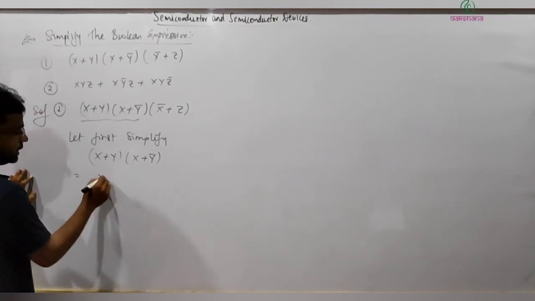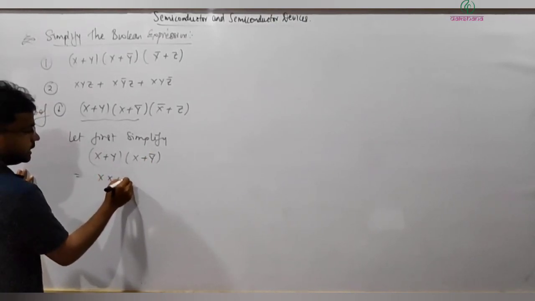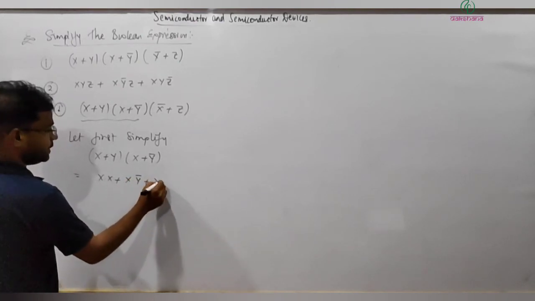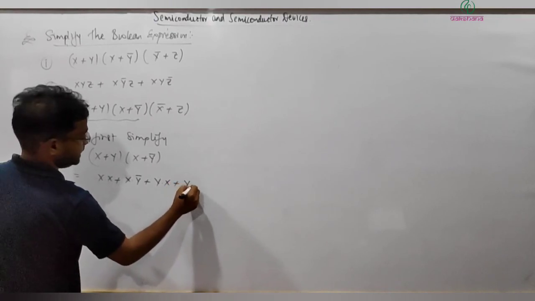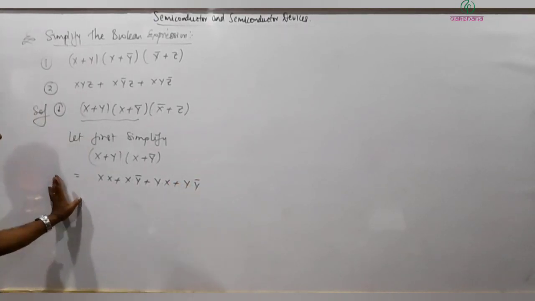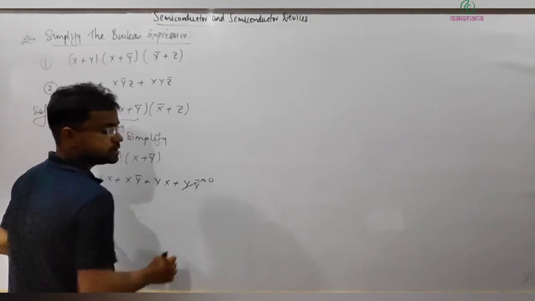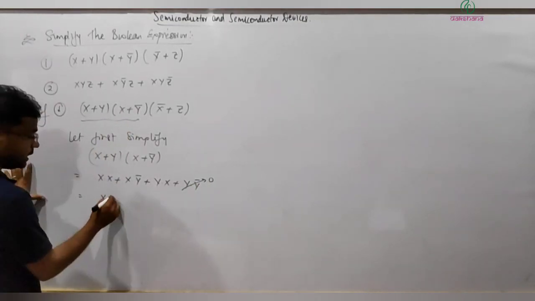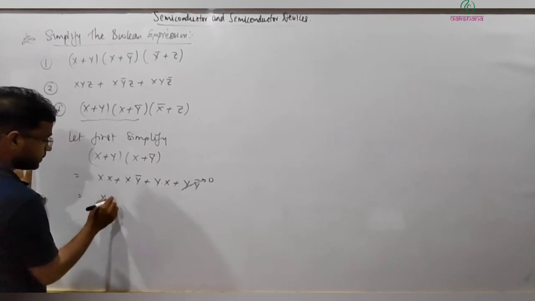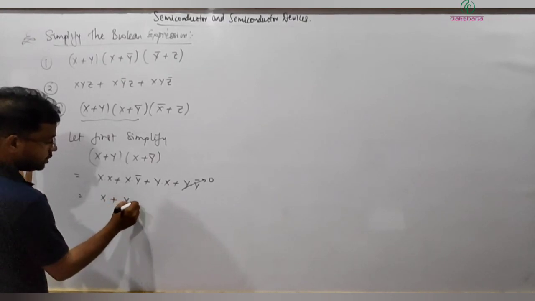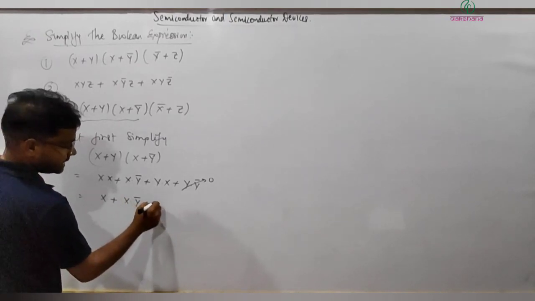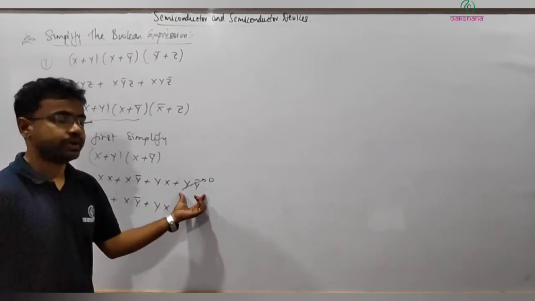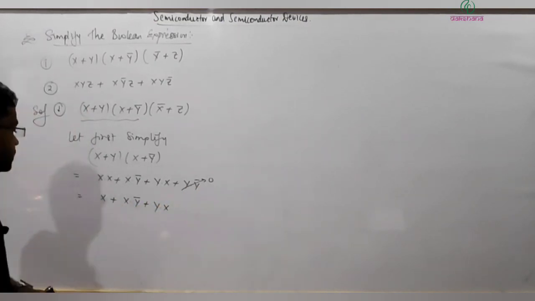This is equal to x dot x plus x dot y naught plus y dot x plus y dot y naught. Here x dot x is equal to x, and y dot y naught will be equal to 0.